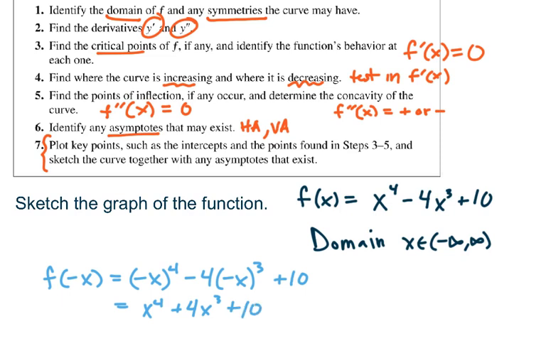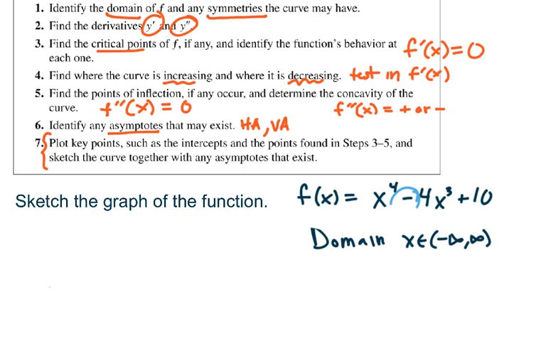And either all of the signs change and that makes it odd, or none of the signs change and that would make it even. And what you see here is that we had only one sign change from that original function. Just this negative became positive.